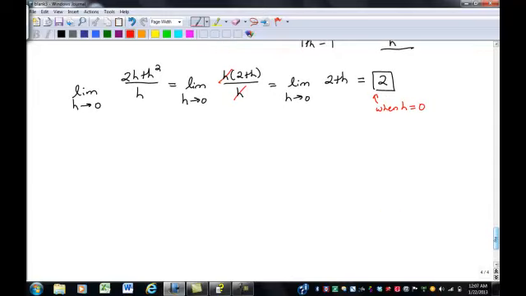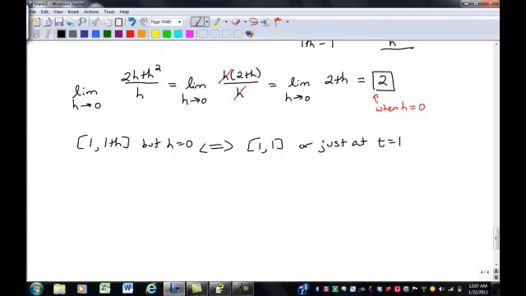But when h equals 0, then we really only had one point on the line. Remember, we were going from 1 to 1 plus h. But when h equals 0, this becomes 1 to 1, or just at t equals 1.